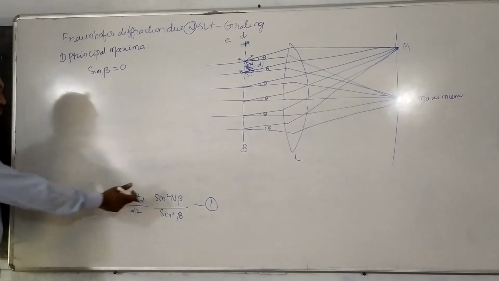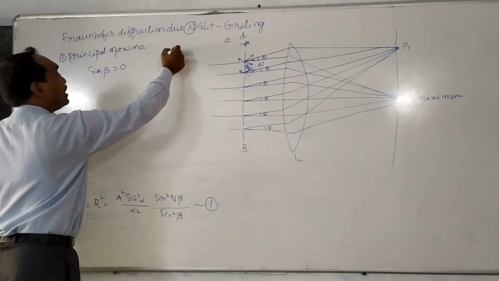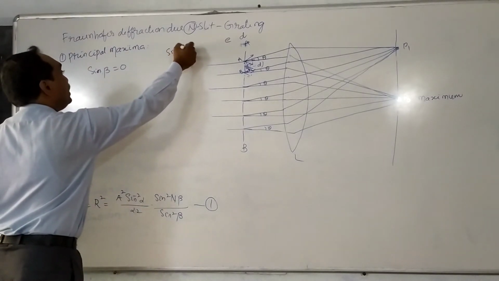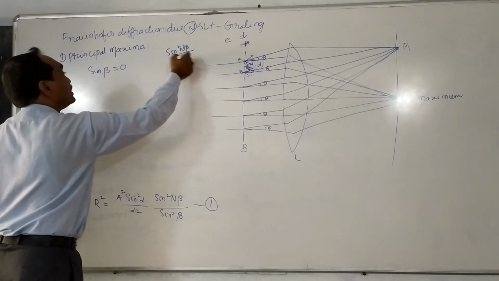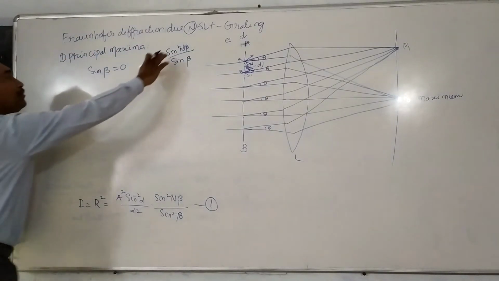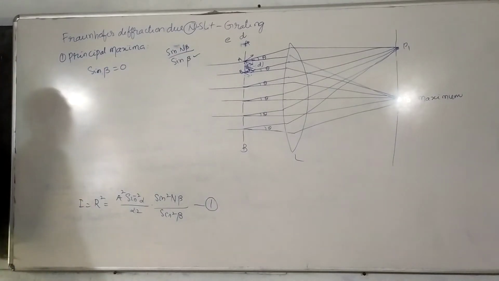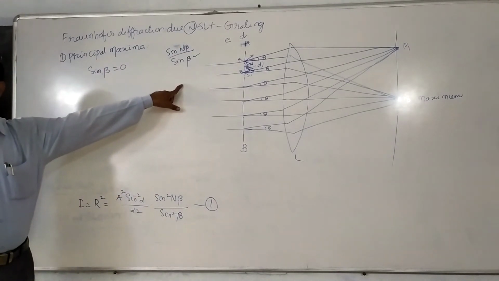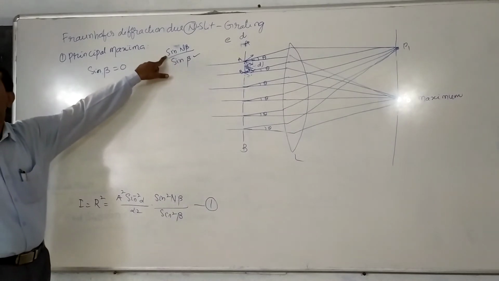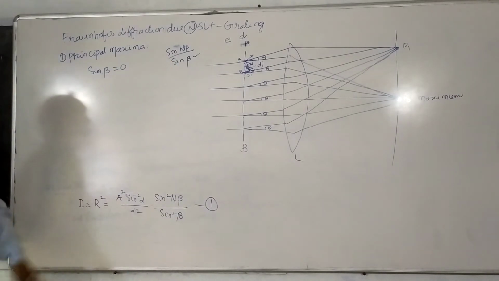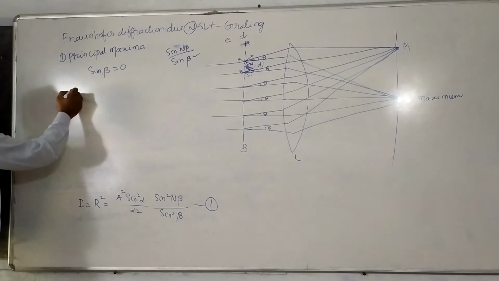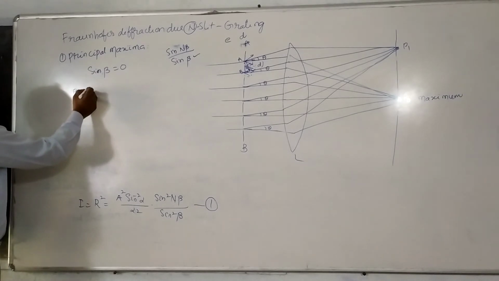So we are discussing only the sin square n beta by sin square beta term. If sin beta is equal to 0, it means the denominator is very minimum, then the intensity is maximum, that is equal to principal maximum. Sin beta is equal to 0 means beta is equal to how much? 0.